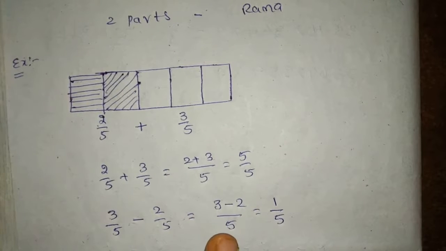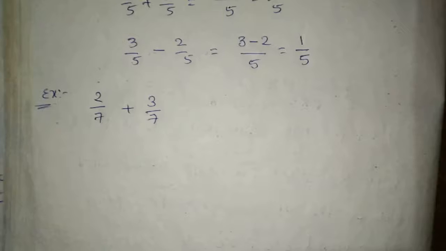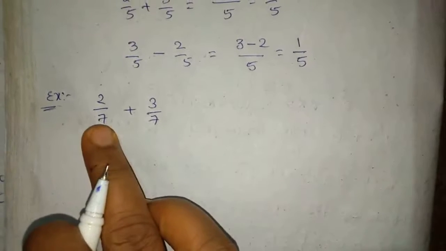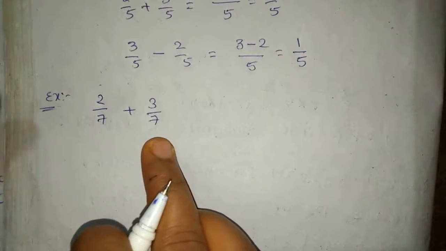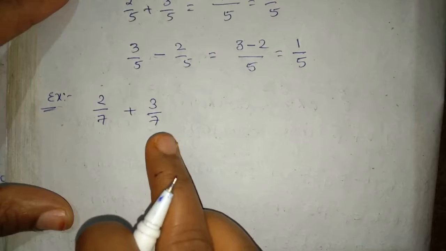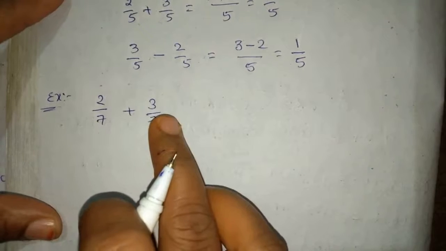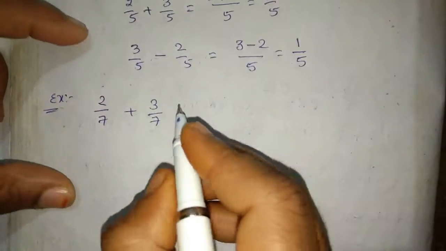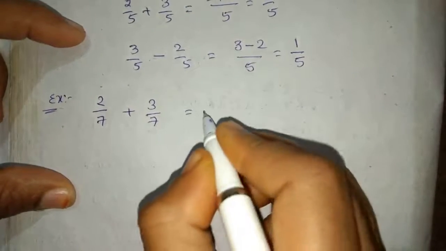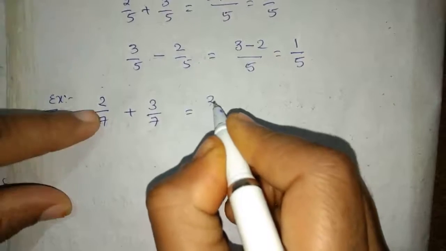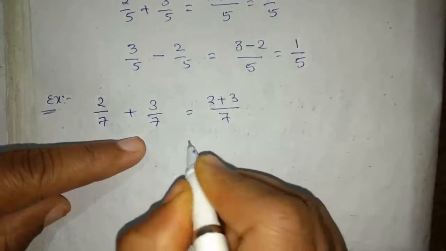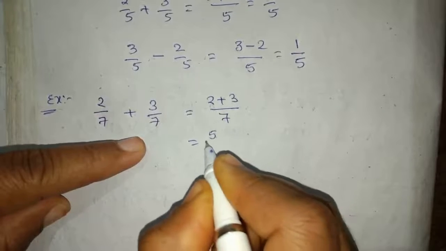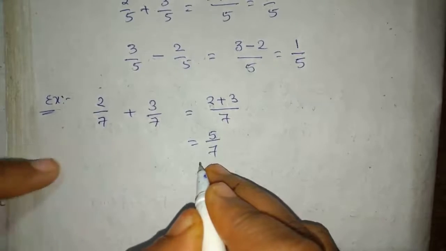Okay, now another example. For example, 2 by 7 plus 3 by 7. Here also the denominators are equal, so we add the numerators keeping the same denominator. 2 plus 3, same denominator 7. So 2 plus 3 is equal to 5 by 7.